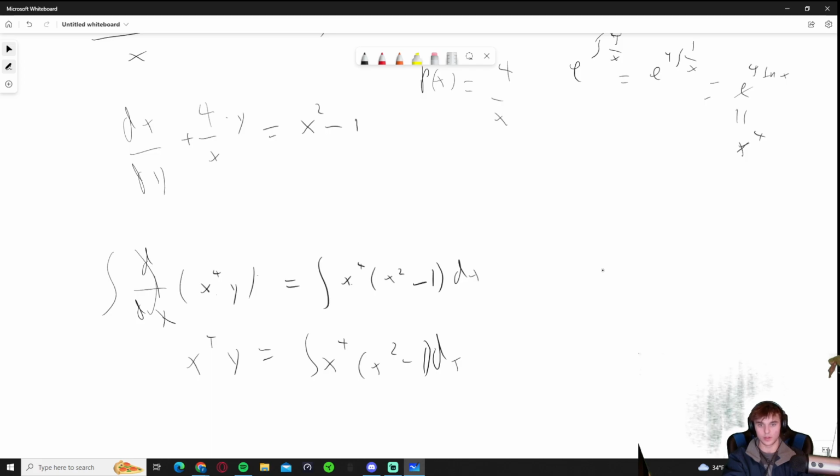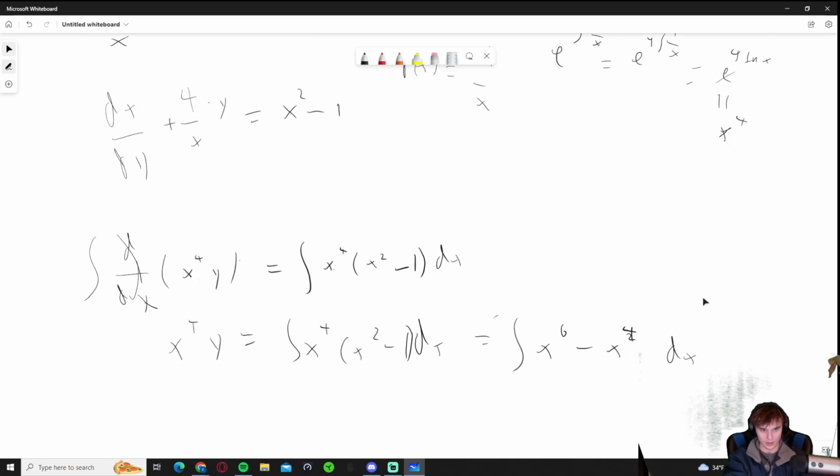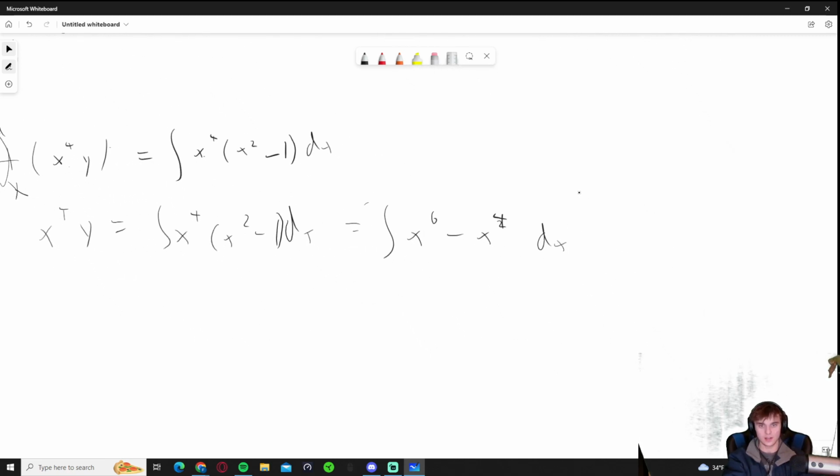If we distribute this x to the 4th into both terms, we end up with the integral of x to the 6th minus x to the 4th dx. And integrating this, we get x to the 7th over 7 minus x to the 5th over 5 plus, of course, c.